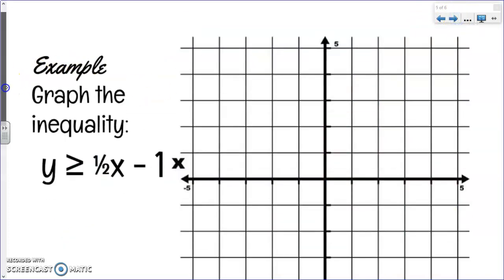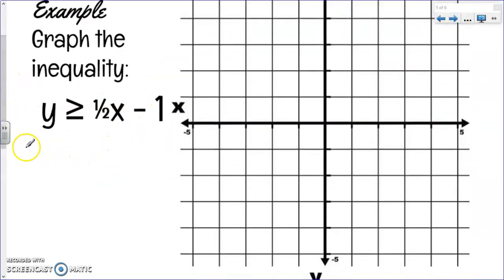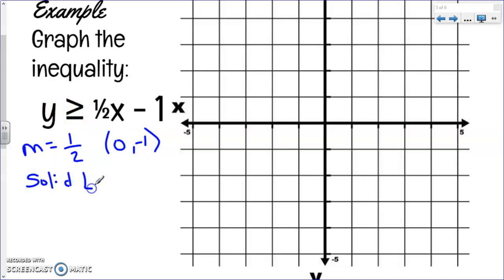Here's this one. My slope here is 1/2, and my y-intercept is 0, -1. This one is greater than or equal to, so I'm going to have a solid line, and since it's greater than, it's going to be shaded above.